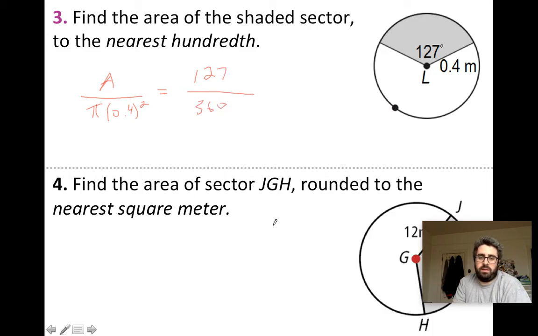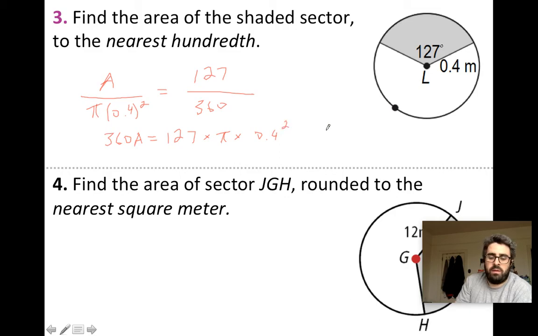Okay, great. Now I'm going to cross multiply. So 360 times A is 360A. And 127 times pi times 0.4 squared. So I'm going to use my calculator to do that.